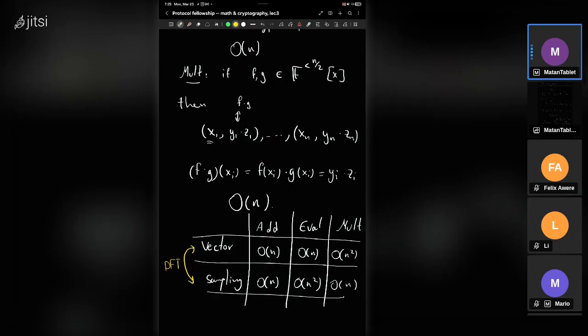If I can do it, then I will never need to waste n squared complexity on any operation, because I can just move to the representation in which this operation takes O of n. Moving to this representation takes me less than n squared, and then I'm in business.